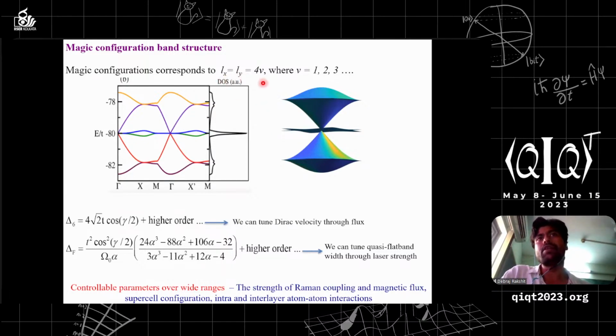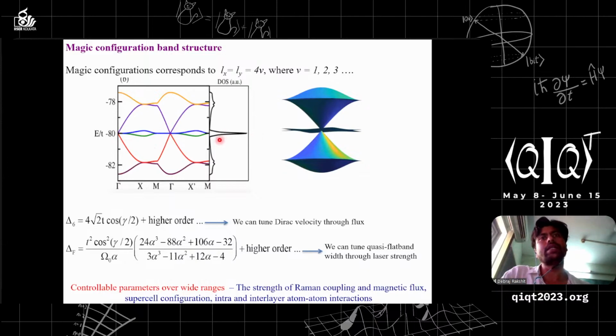We put Lx and Ly equal to 4 nu, and it can be any integer value, and you will see that this kind of band structure emerges. There is one degenerate flat band, and then there is a Dirac point. This is a cut along the high symmetry points, just a projection for better viewing.